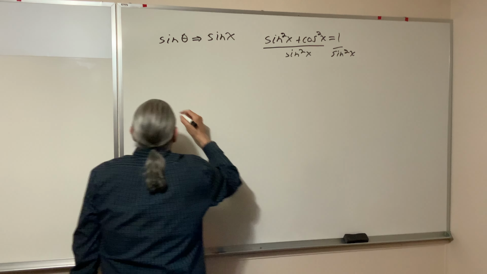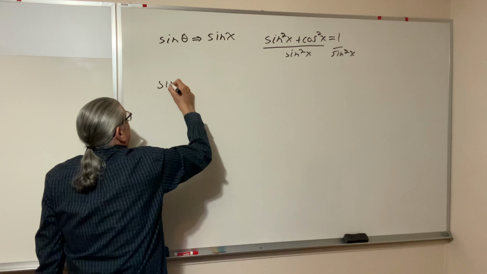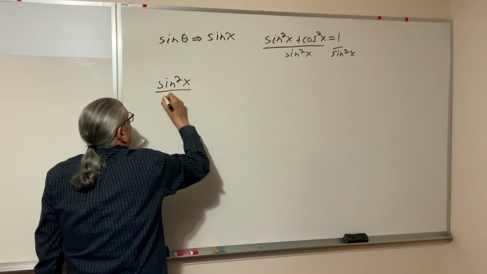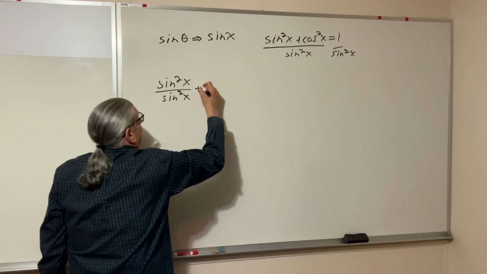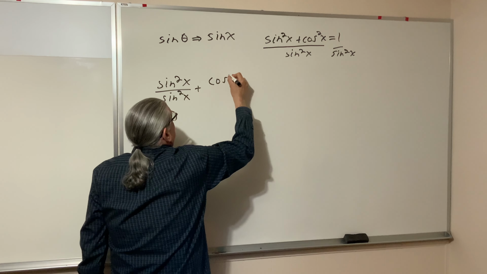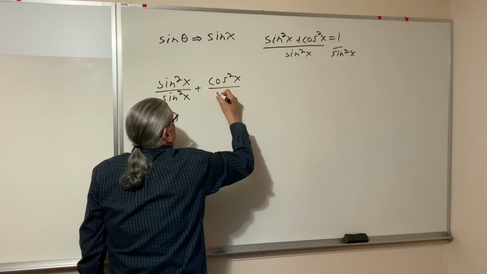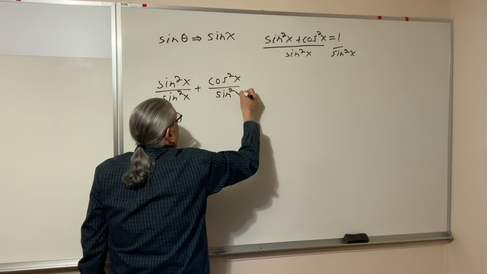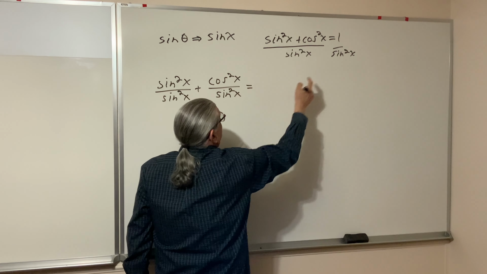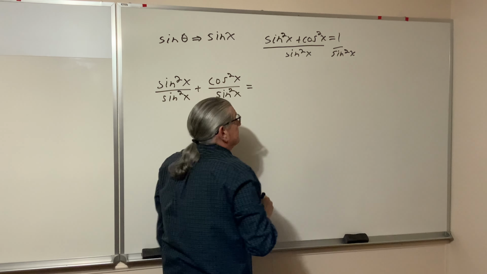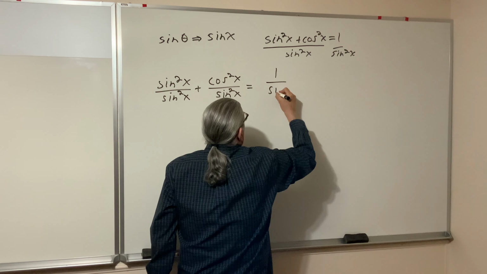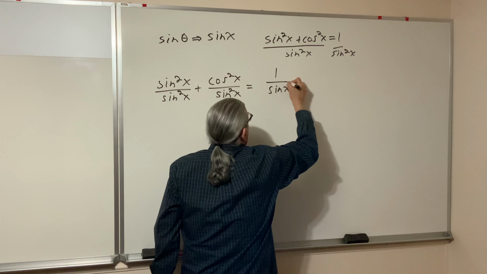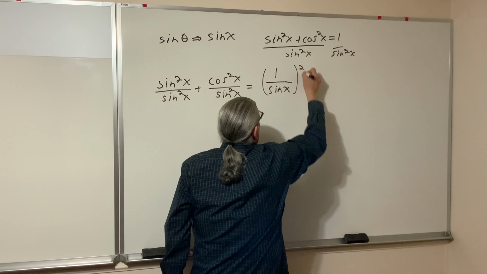I can split this up since I only have one denominator: sine squared x over the sine squared x plus the cosine squared x over the sine squared x equals, and this is the sine squared, I'm going to write it this way, 1 over the sine x, this whole thing squared.